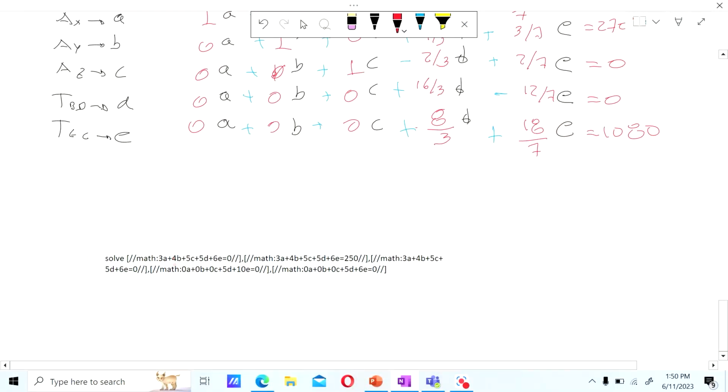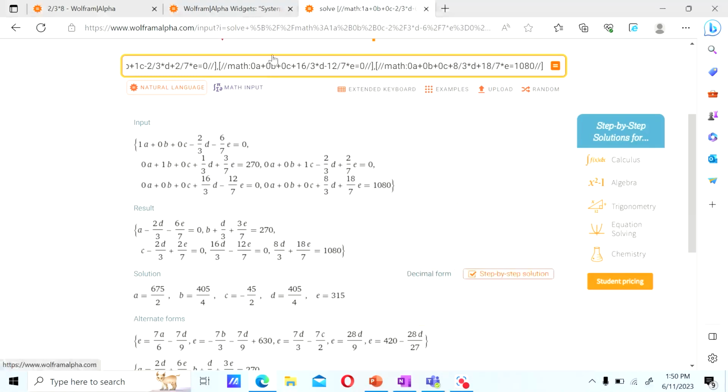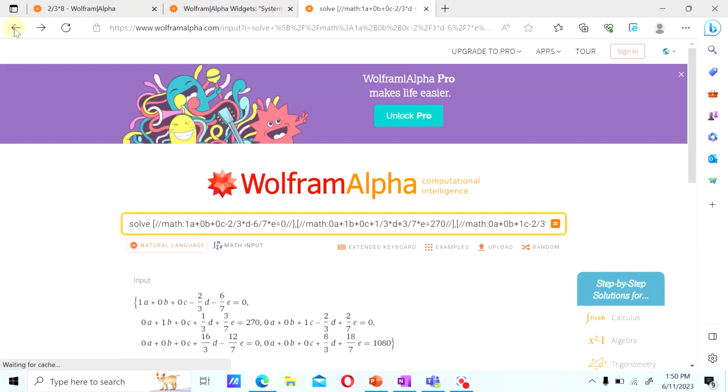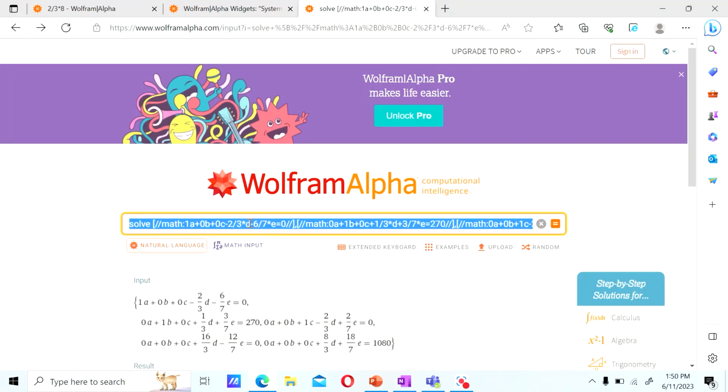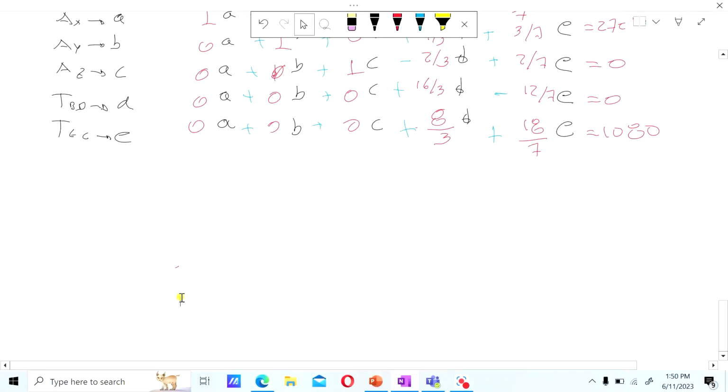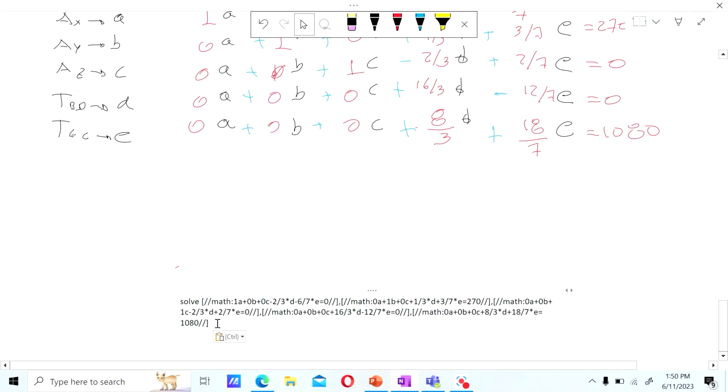So A, this is the way you input the equation. Let me copy paste here. Copy and paste. All right. Okay.